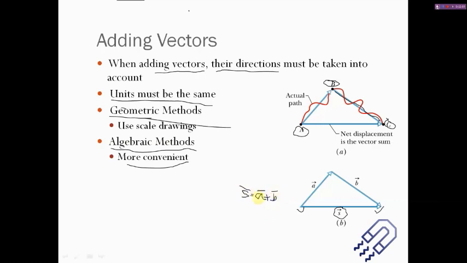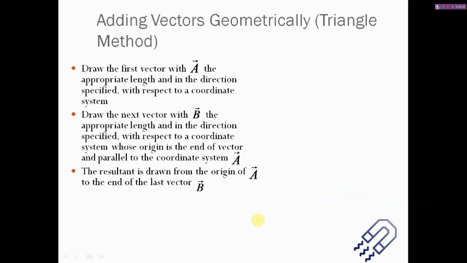This is what is represented in vectors, and now we will see what happens when we do it geometrically. We basically have two kinds of geometric addition: one is called polygon addition, and then we have the triangle method. What we are going to see now is the triangle method.